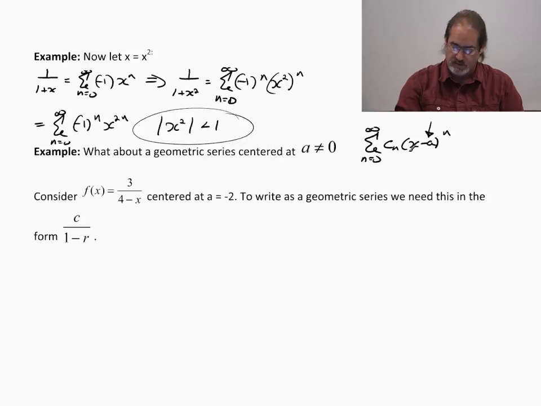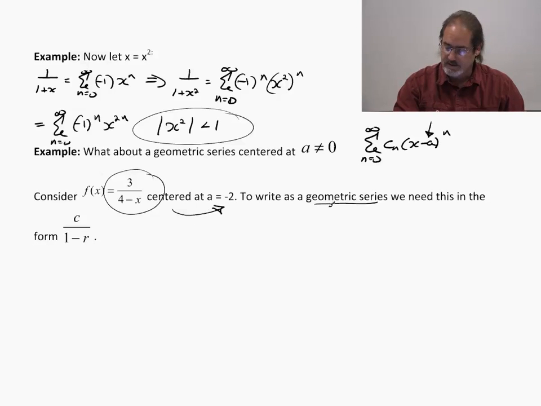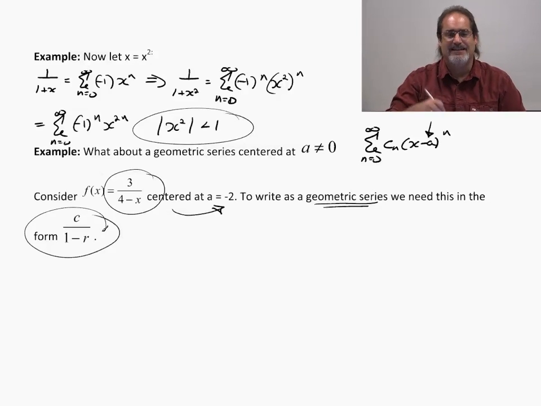We centered it at 0. So let's take a look at this function, and I want to use the geometric series of that basic power series, and I want to center it at a equals negative 2 instead. So I want to write this as a geometric series, and I need it in this form. If I can get it in that form, then I know what it's going to be.